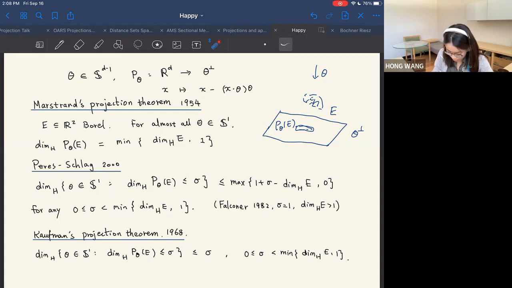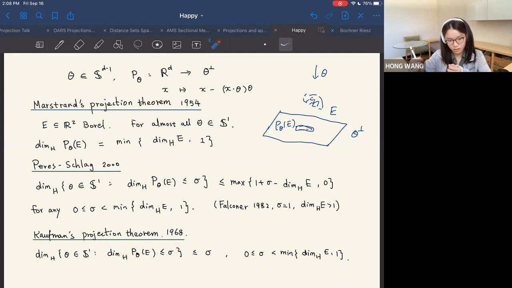The setup is essentially the same as this theorem, but the difference is that Kaufman's projection theorem works more for sets E that have dimension less than 1, and then the set of directions such that the projection image is small is bounded by sigma itself.